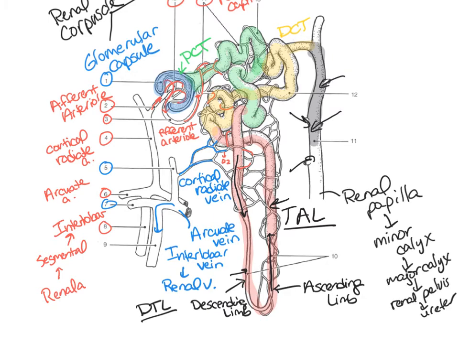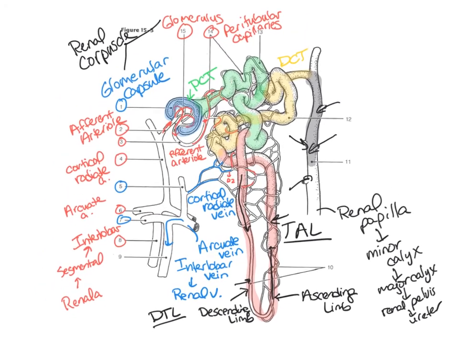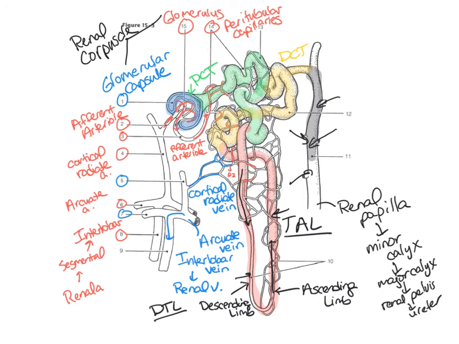So what we're going to be doing throughout the rest of this chapter is looking at each one of these separate segments of this nephron, and we're going to look at what is the function of each one of these separate areas. And then we're going to look at the formation of urine, because by the time that fluid moving through the tubule gets to the collecting duct, we now call it urine.